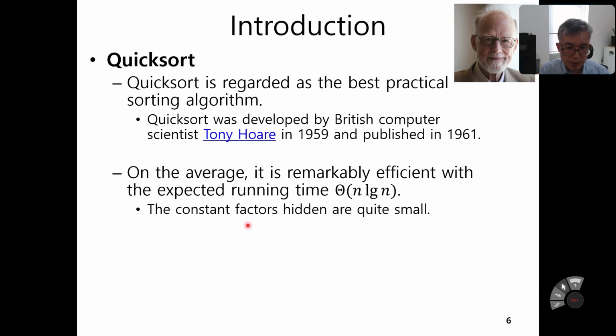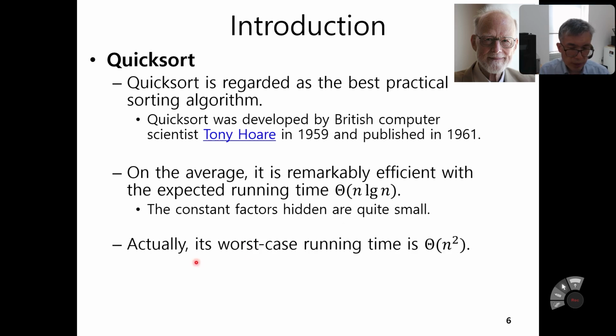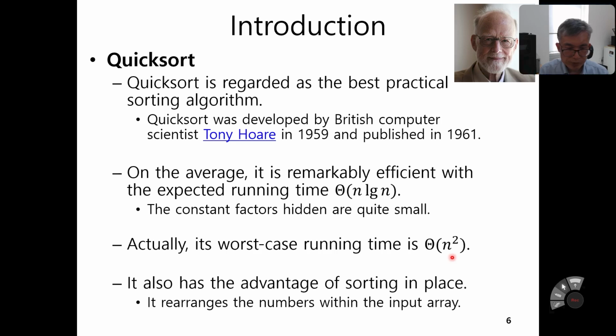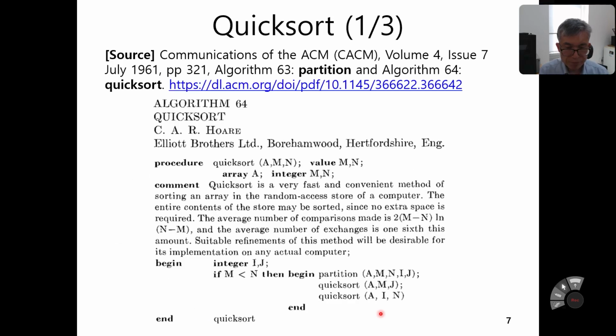The constant factors hidden are quite small. Actually, its worst-case running time is Theta of n squared. It also has the advantage of sorting in place: it rearranges the numbers within the input array.